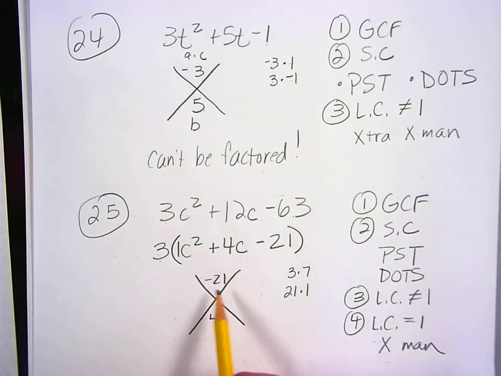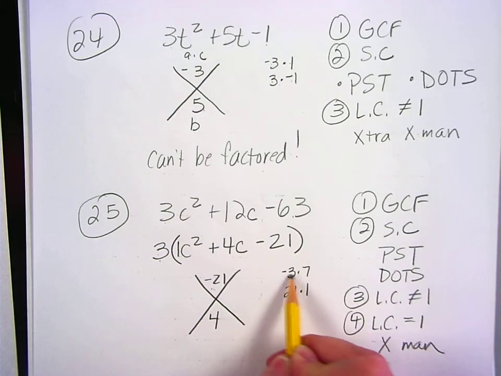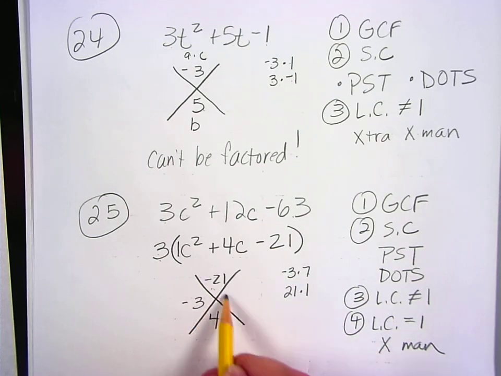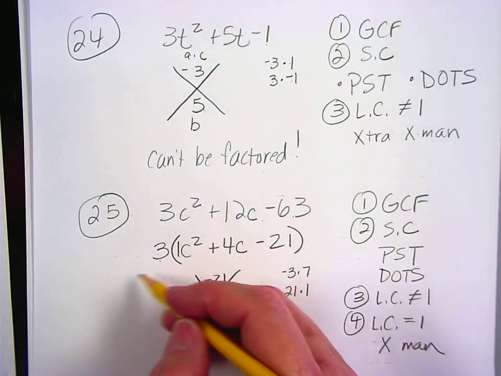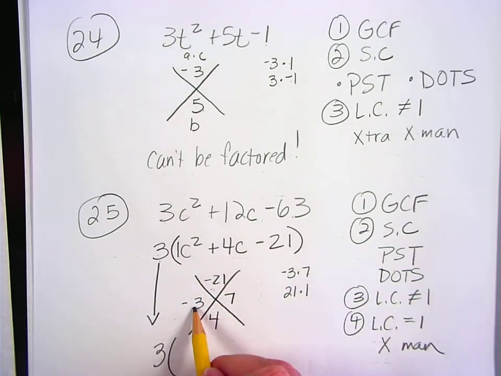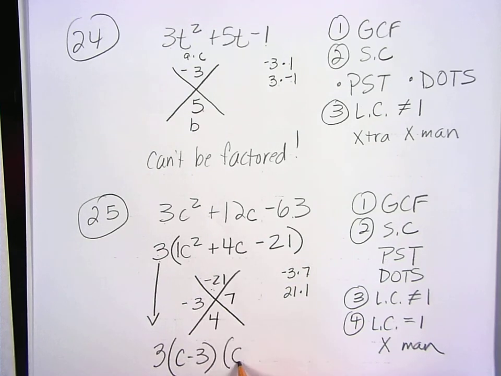One of them has to be negative because their product is negative. So I think if I do that right there, combine those and you get 4. So you've got -3 and 7. Don't forget your GCF. And your two binomials are C minus 3 and C plus 7.